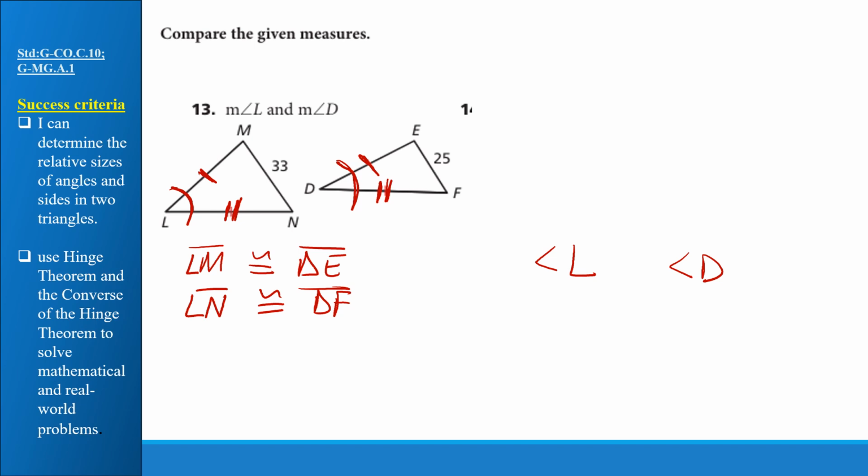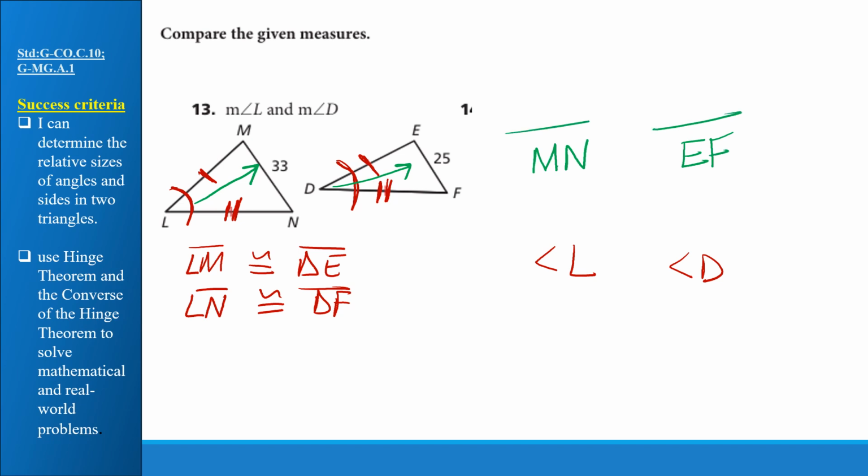You have to compare angle L and angle D. In order to compare, let's check the opposite sides of these angles. Opposite to L is MN and opposite to D is EF.